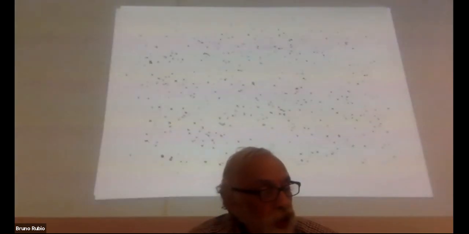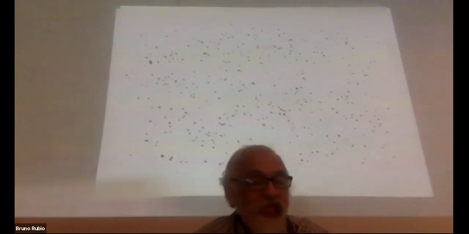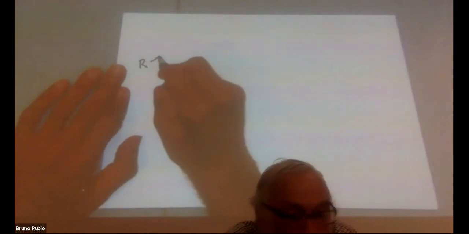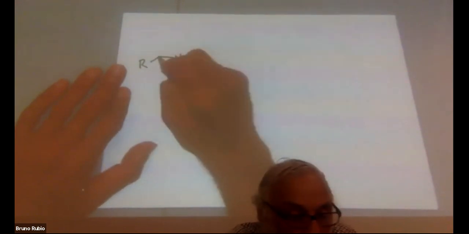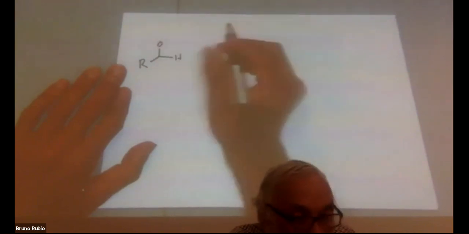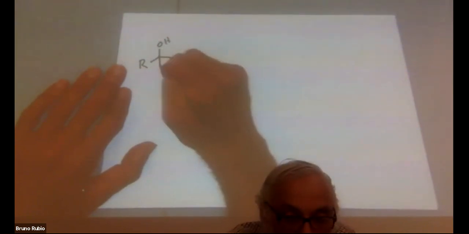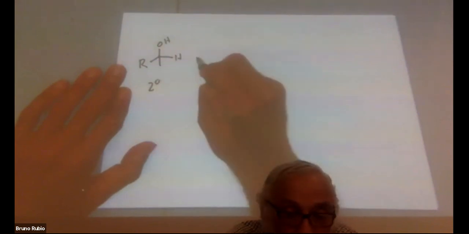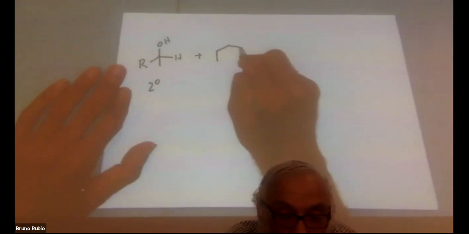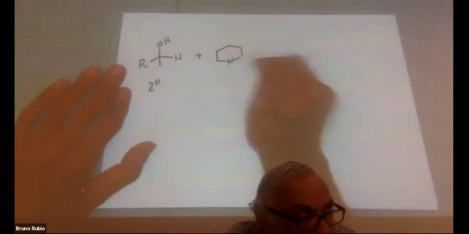Okay, so let's talk about NAD+ and a secondary alcohol. All right, so here's our secondary alcohol. Right, there's a secondary alcohol. And so here we have that NAD+ again.